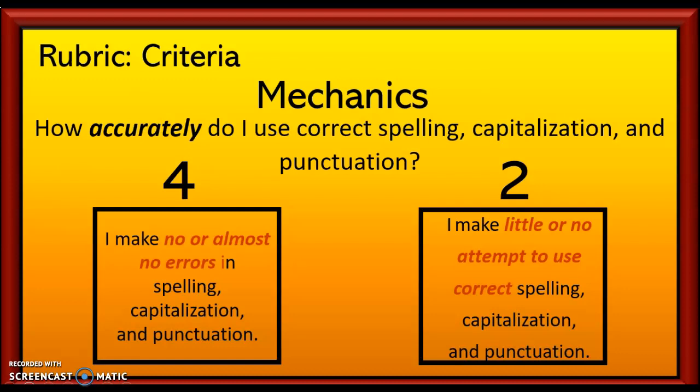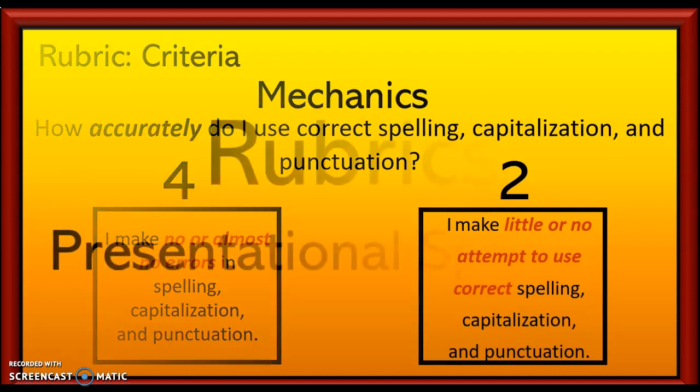In the assignment Dropbox, I've provided you with the letters with accent marks on them and the upside down question mark and the upside down exclamation mark. So you can copy and paste those into your writing before you turn it in.